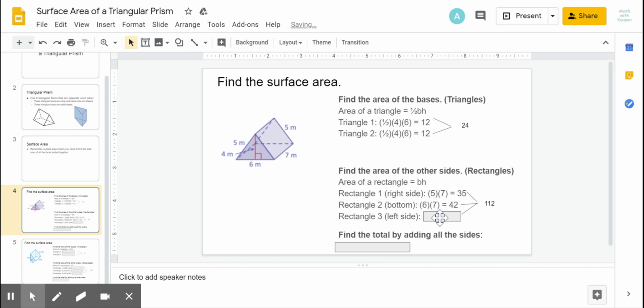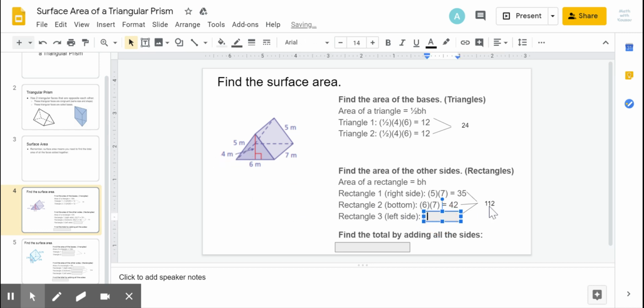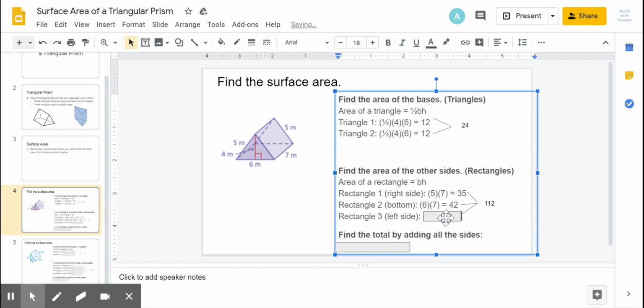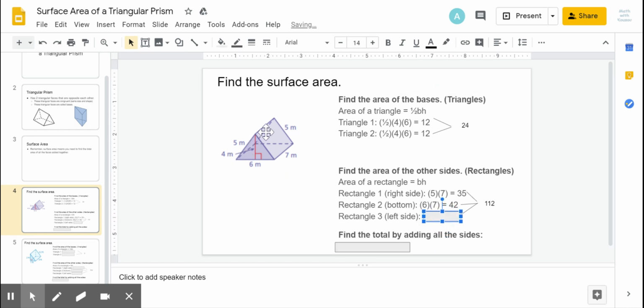And then the rectangle on the left side, which is a little bit more difficult to see, but we'll take a look. On the left side here is this rectangle in the back. This rectangle is actually the same as this rectangle. If you don't see that, this edge is 7 because this edge is 7.